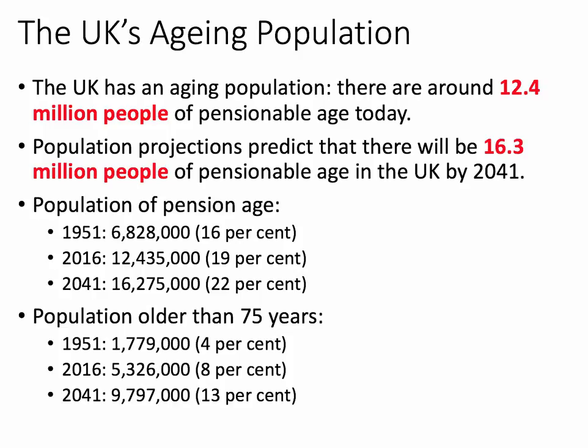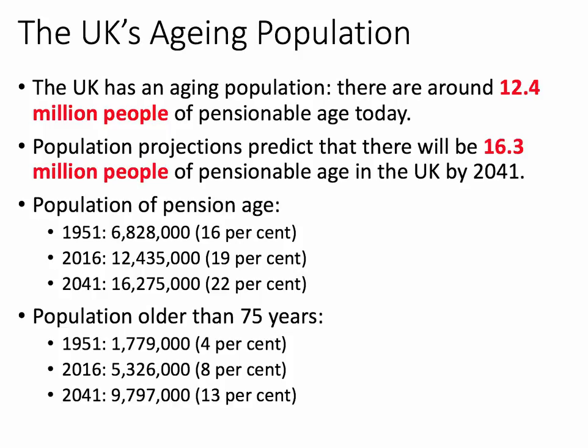So, a fall in fertility and increasing longevity have created what is often termed an ageing population. At present, there are about 12.4 million people of pensionable age in the UK, but by 2041, that figure is projected to increase by nearly 4 million to 16.3 million.